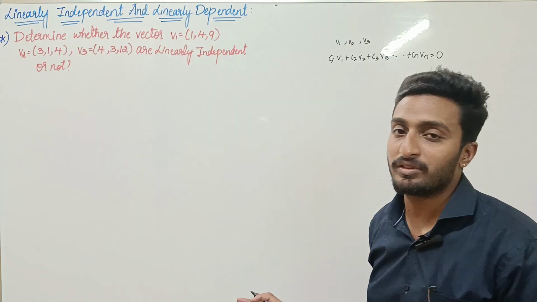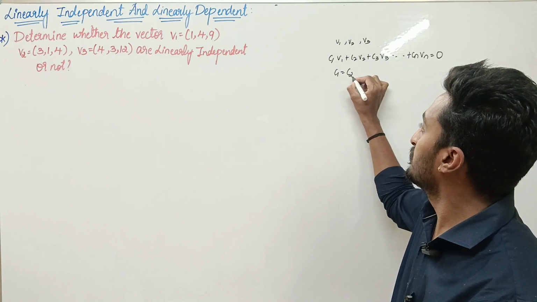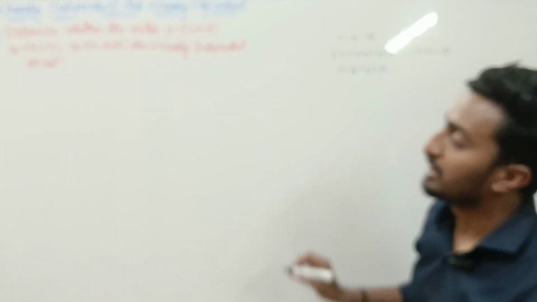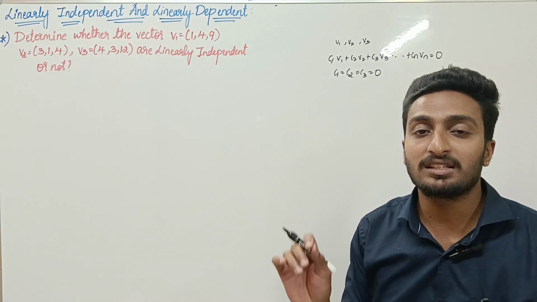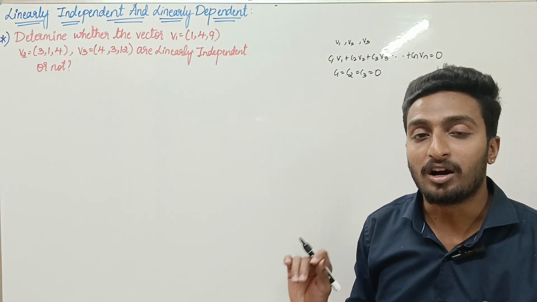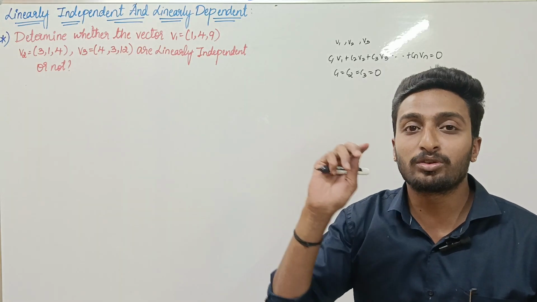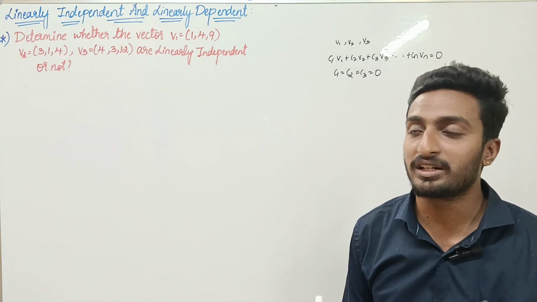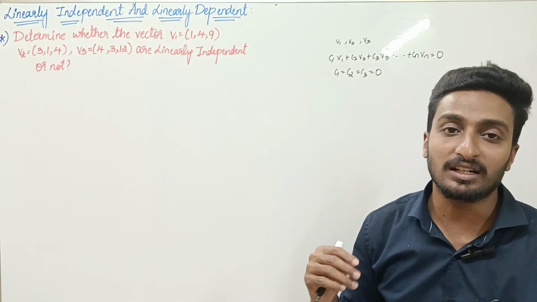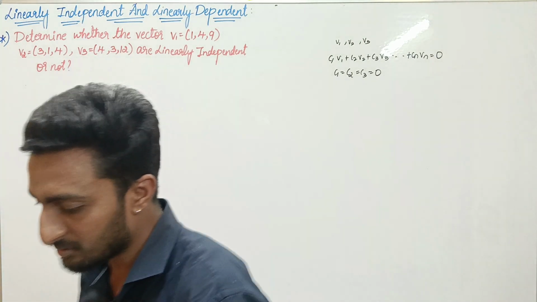If c1 equals c2 equals c3 equals 0, that is, if every scalar factor is equal to 0, we call it linearly independent. Or else, considering these vectors, we can represent them as a matrix. If you don't get any zero row, then we can directly conclude that the given set of vectors are linearly independent. Okay, now let us solve.